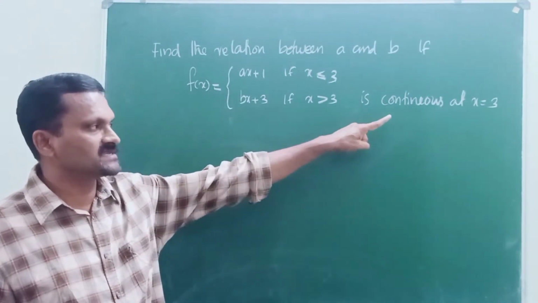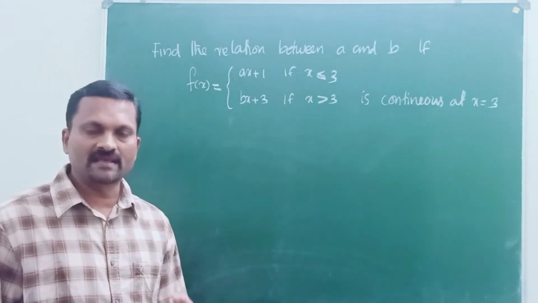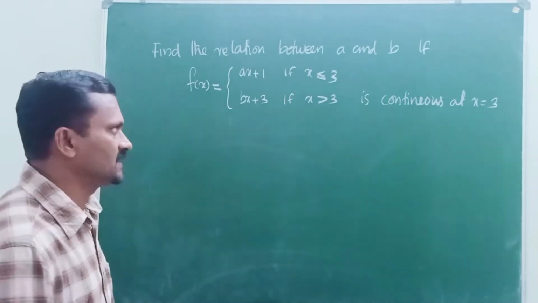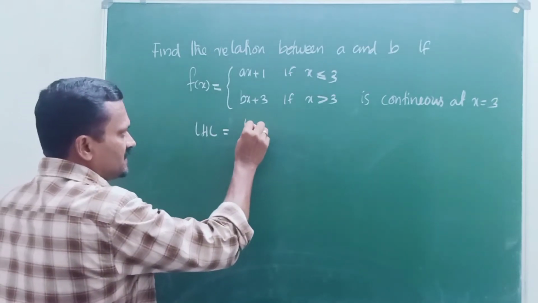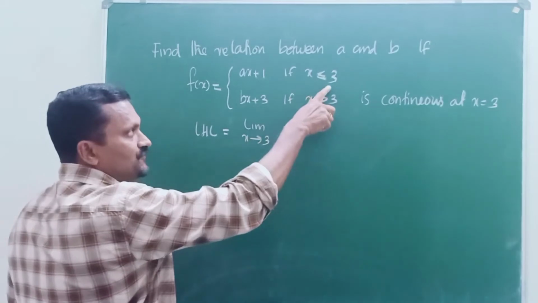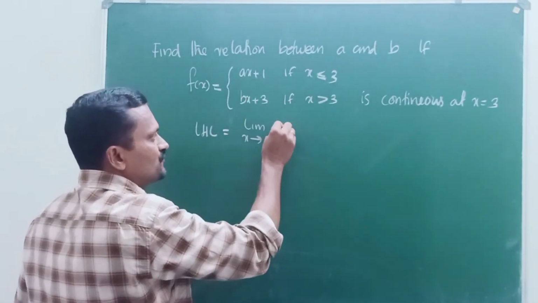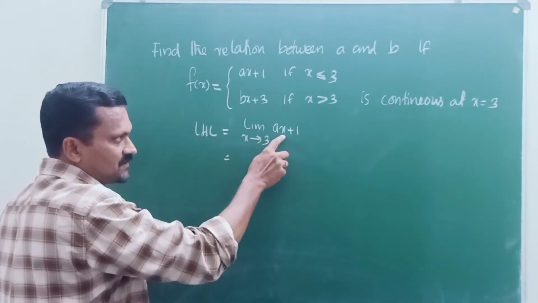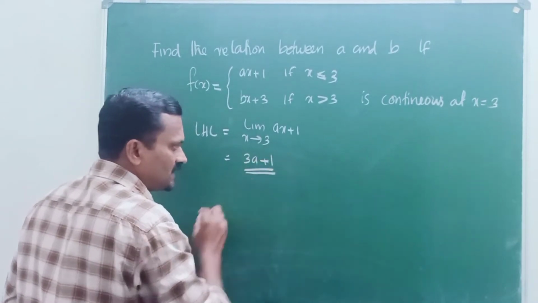Since the function is continuous at x equal to 3, then LHL and RHL are equal at x equal to 3. What is the left hand limit LHL? That is limit x tending to 3 f of x, where for x less than 3 the function is ax plus 1. Put x equal to 3, then it becomes 3a plus 1.